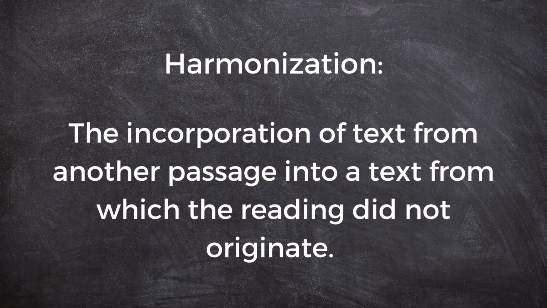People wrote in their Bibles, and then when it comes time for that manuscript to be copied, when it is serving as the exemplar, then the scribe that comes after has to make the decision of what do I do with that marginal note? Was that a correction? Is that something that should have been put into the main text? And so it may be put into the main text, make good grammatical sense. It's clearly a different reading. It's a variant, but we can often identify these as what they are, which are often harmonizations.